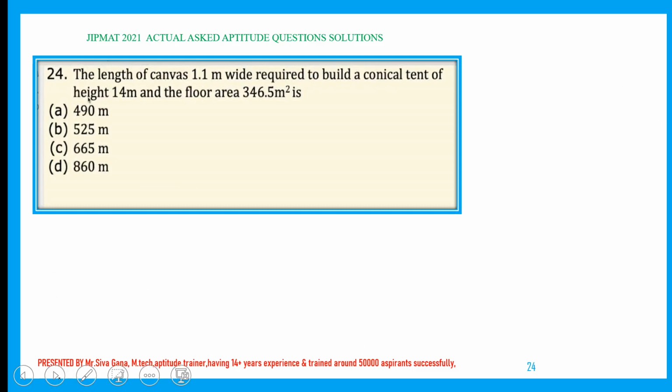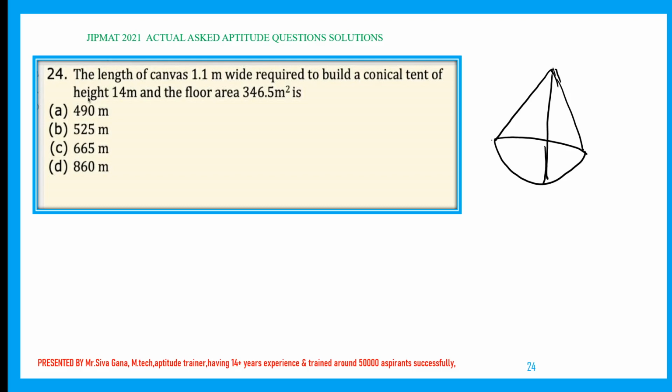The length of the canvas is 1.1 meter wide. Conical tent. Required to build a conical tent of height 14, floor area 346.5 meters square.